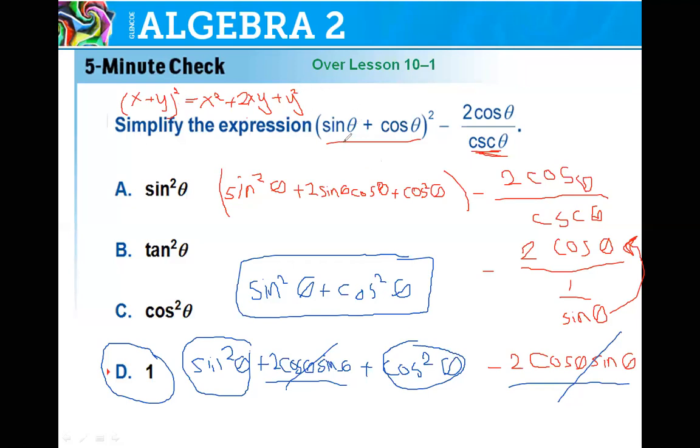By the same way, I write here the rule with sine theta plus cosine theta power 2. So I expand it, and here cosec is changed into 1 over sine, and turn it up or simplify, cancel. The remainder is sine square theta plus cosine square theta, which equals 1.